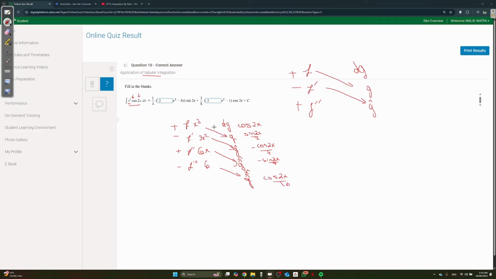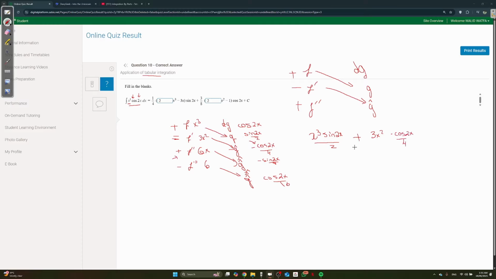So you just cross them. All you do now is just cross. Once you set up your table with your signs, you cross. So it's going to be x cubed times sine 2x over 2. Then minus 3x squared times minus cosine 2x, so it becomes plus, right? So cosine 2x over 4.